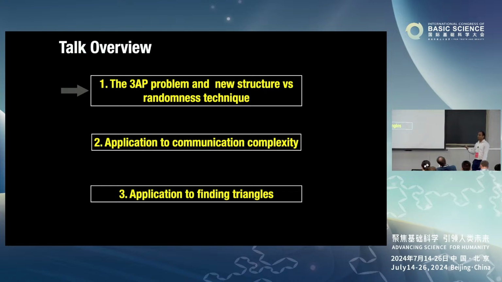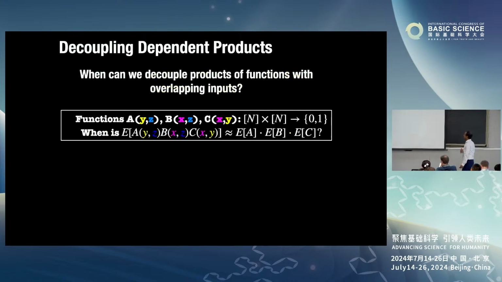The main takeaway is that you do this one step in the remaining five minutes. Okay, I said it is for.